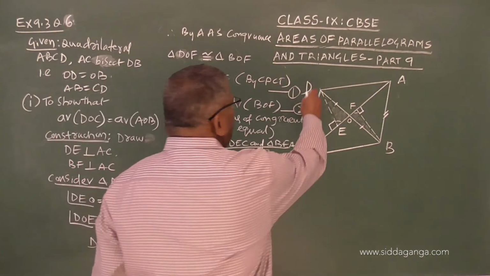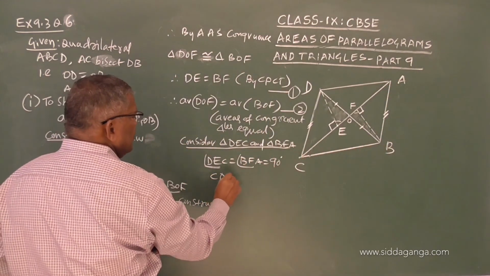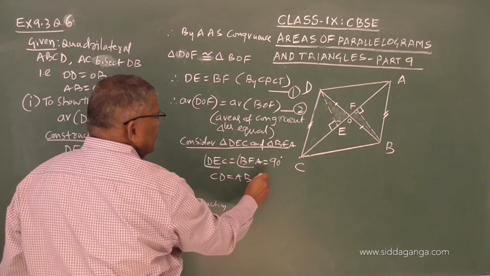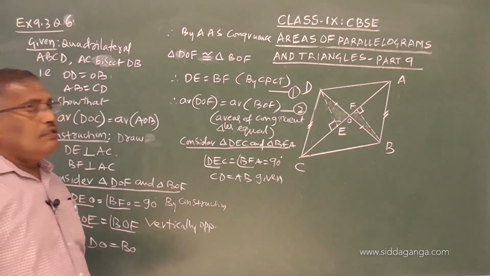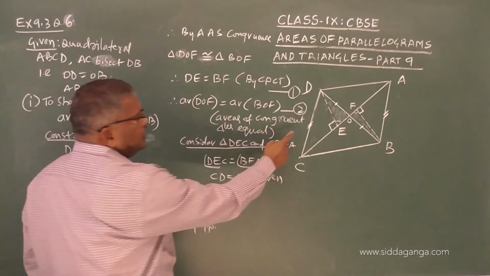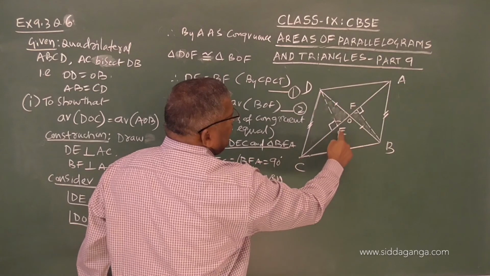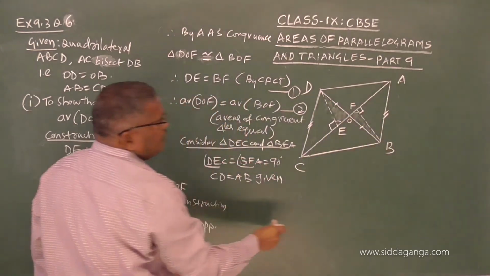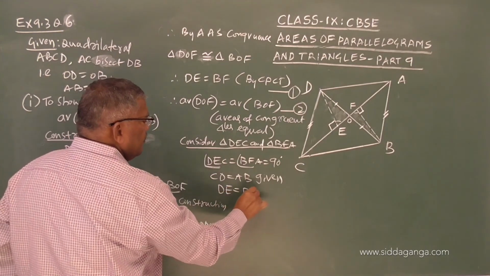And CD equals AB, it is a given data. So this side is equal to this side, and we have proved DE equals BF.